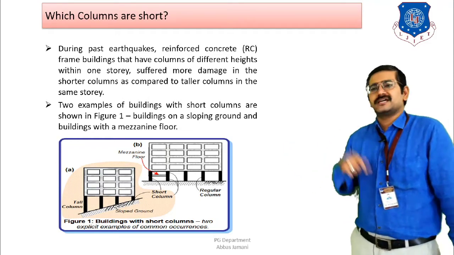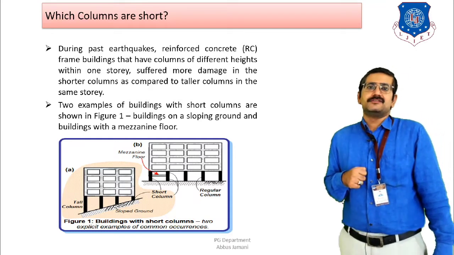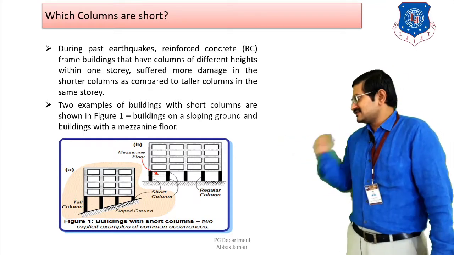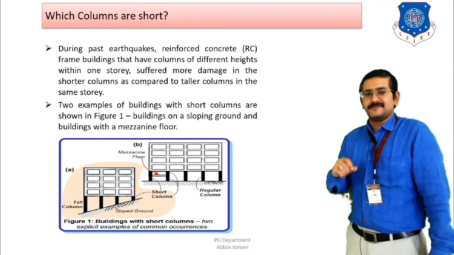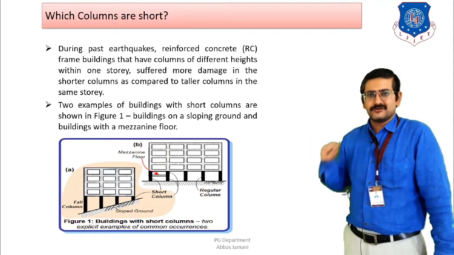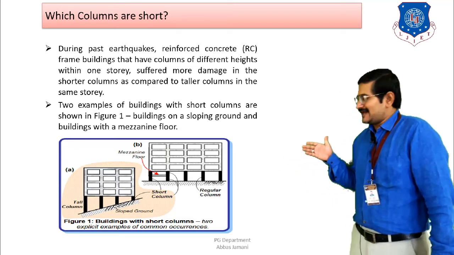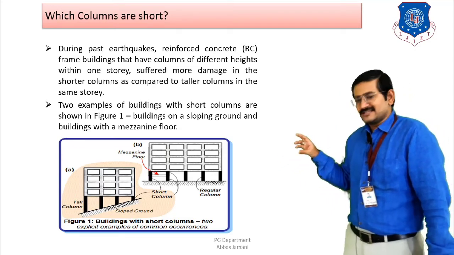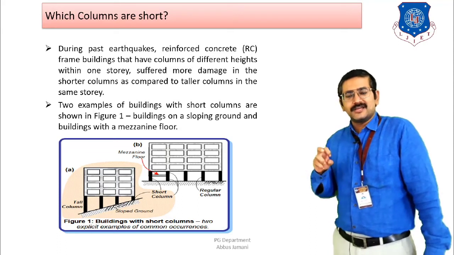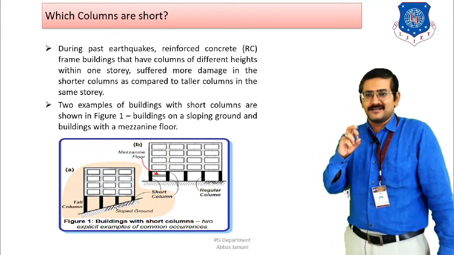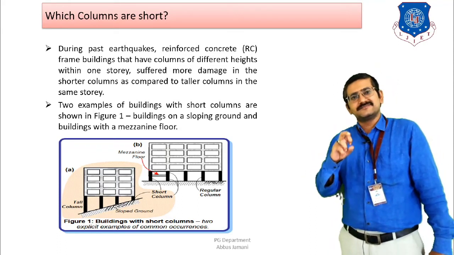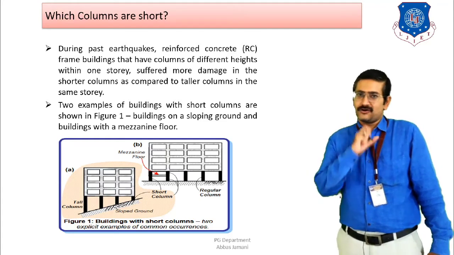First of all, I am talking about the building that is located on sloping ground. As you can see in the figure, where the slope is maximum, the height of the column is more. Then as the slope reduces, the height of the column gets reduced, and lastly, at the junction where the slope ends, the height of the column available based on the site condition is very small as compared to the tall column.